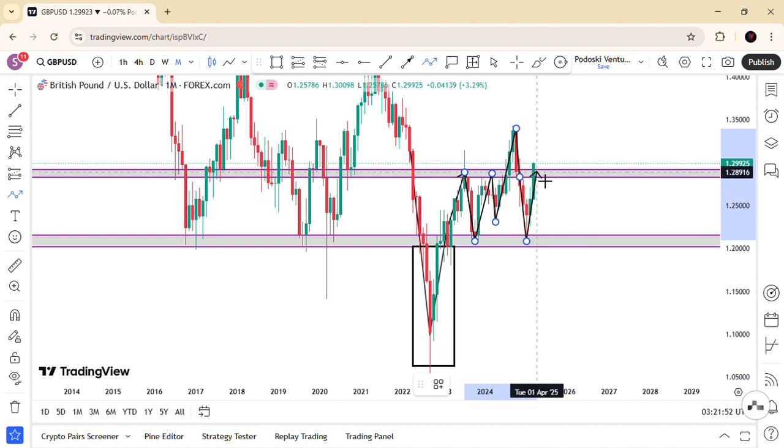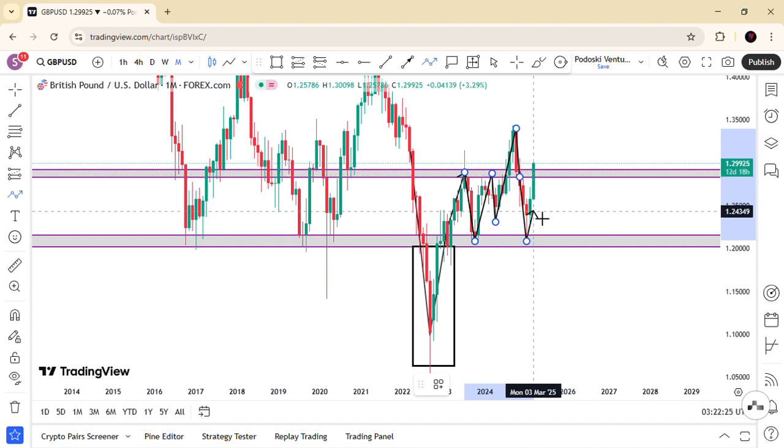So the question we have to ask ourselves is, where will the buying pressure end? Where will buyers stop buying and sellers take over? But since we don't know yet, and you see that the market is buying, you should just be looking for buying opportunities whilst we are trying to figure out when the buying pressure will stop and when sellers will take over.